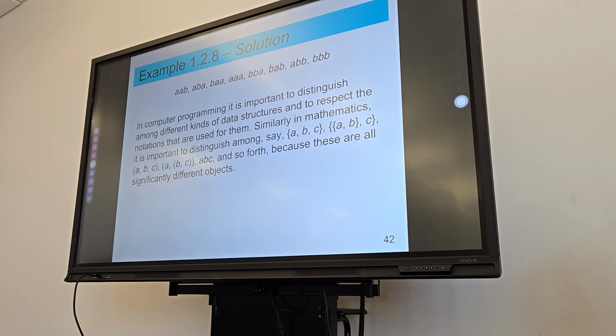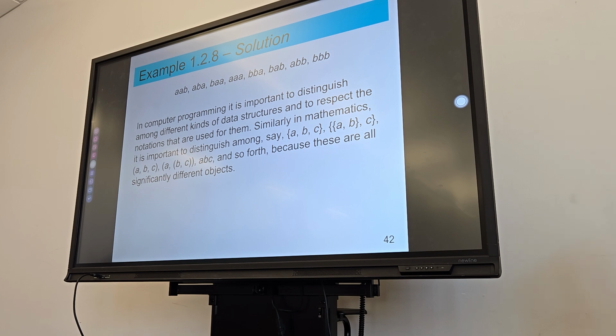Let's see here. It says, in computer programming, it is important to distinguish among different kinds of data structures and to respect the notations that are used for them. Similarly, in mathematics, it is important to distinguish among, say, these 3 different notations because they are different objects.